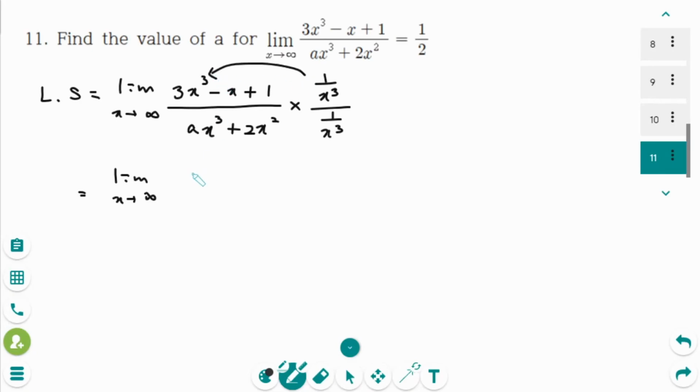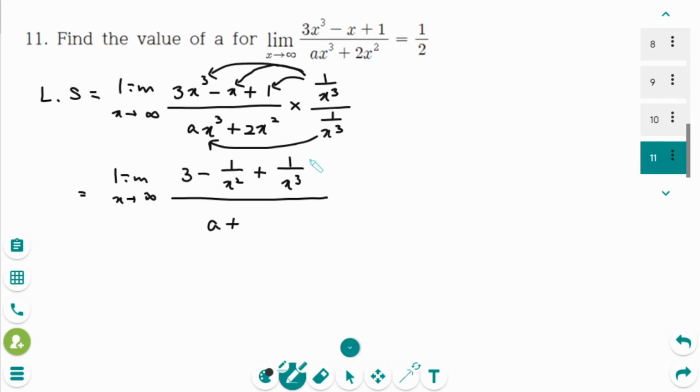And then expand. This one is 3 minus 1 over x squared plus 1 over x cubed, over this one is a plus 2 over x. And then infinity into x, this is 3 minus 0 plus 0 over a plus 0.